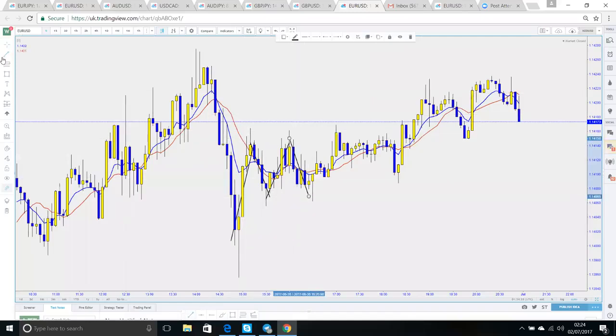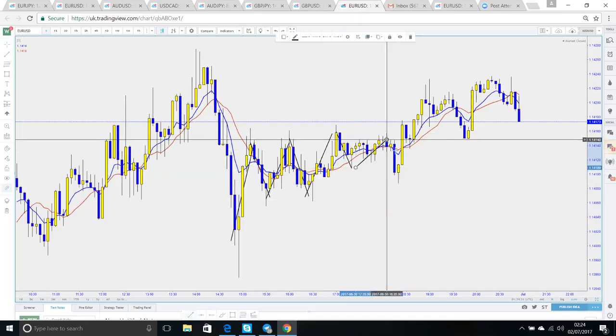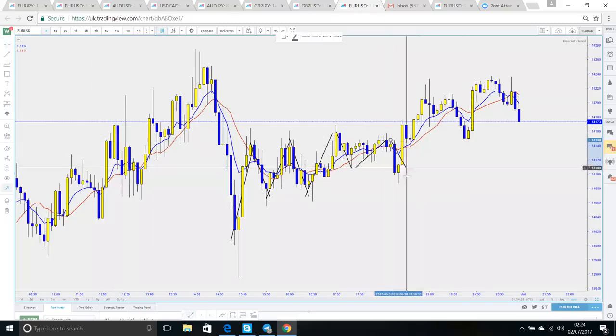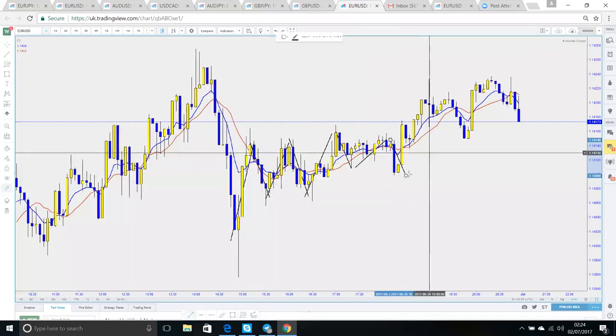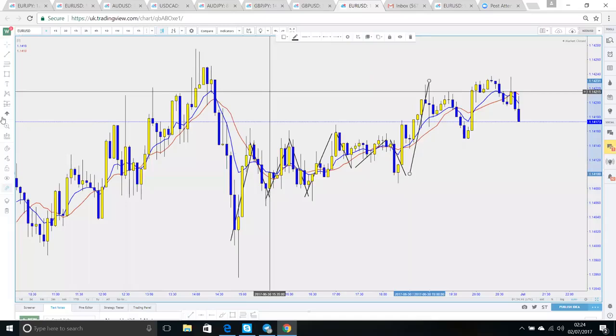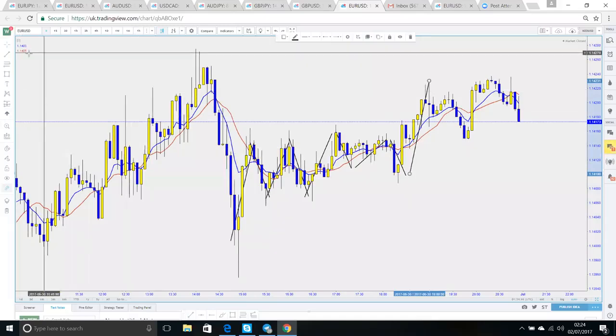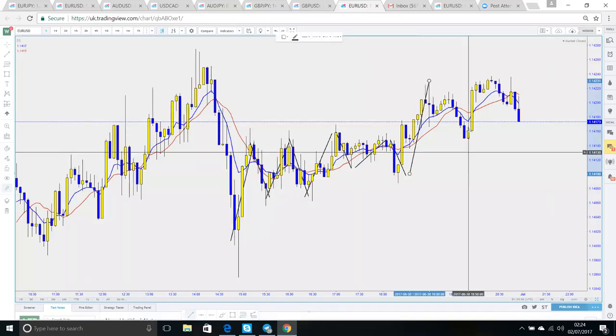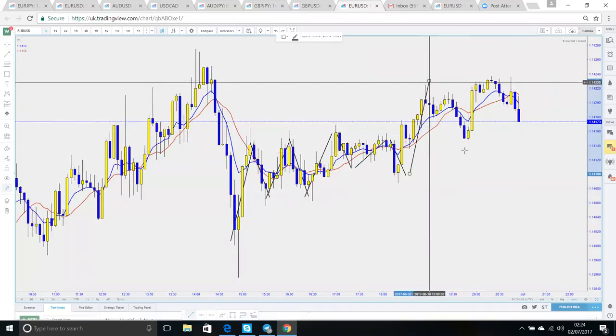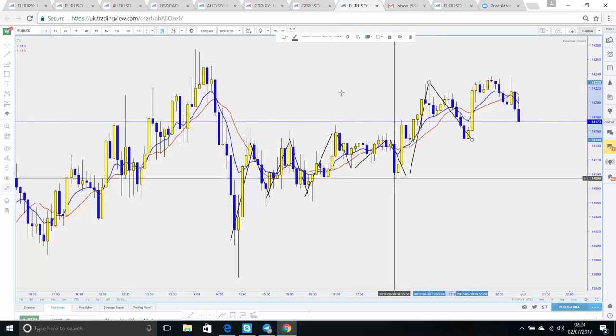This is 5 minutes time frame, guys. See how the structure has been respected. Can you see this? Because the price is going up, it will be respected.